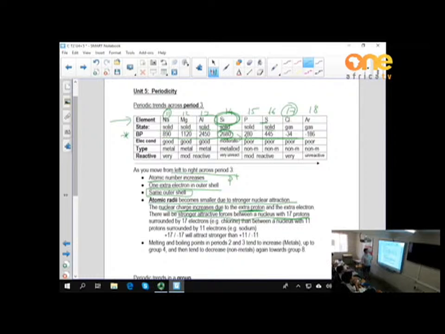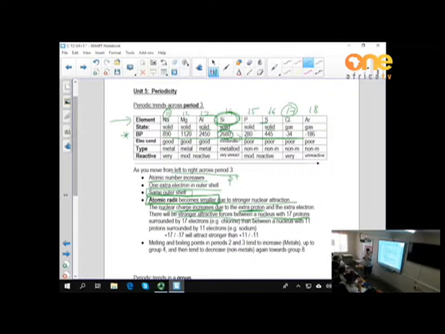So very simply, we find that the atomic radius becomes smaller. Remember, the model says atoms are spheres, particles. It's got a radius. So if the radius becomes smaller, yes, it's because it pulls the electrons in closer.